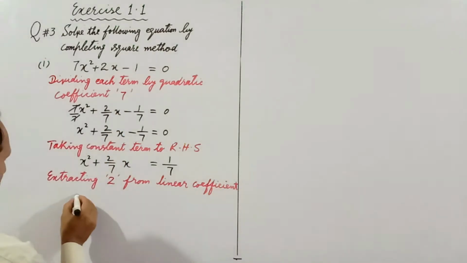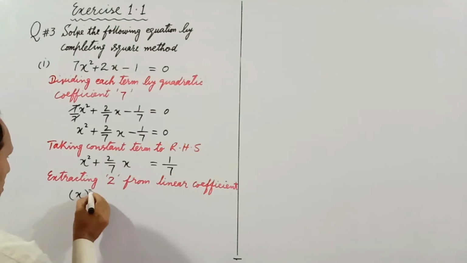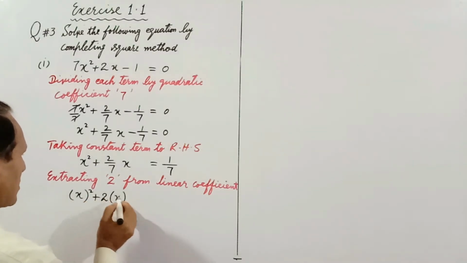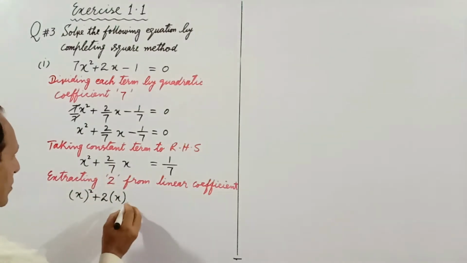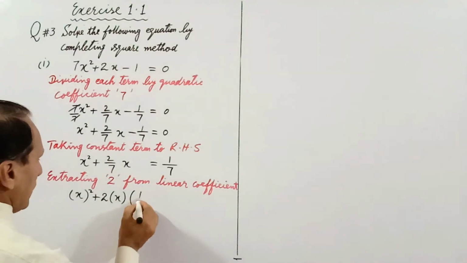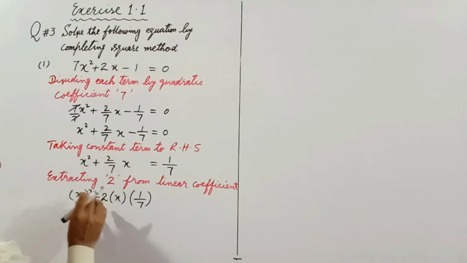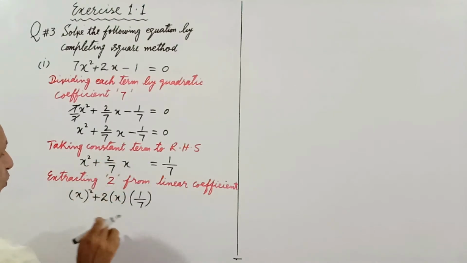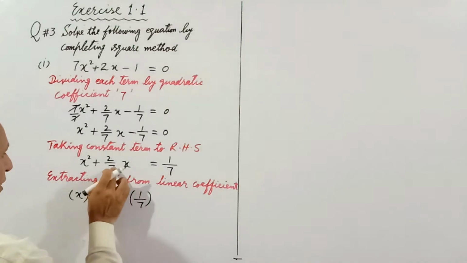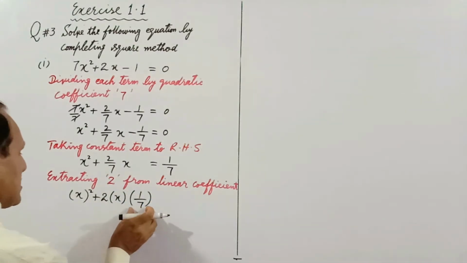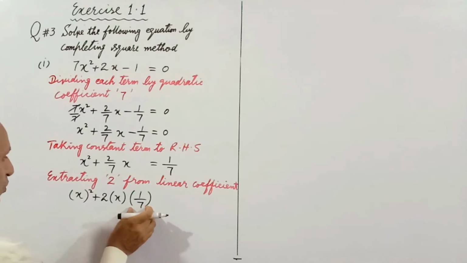We have x square plus 2 into x, and the leftover is 1 over 7. When we take 2 out of the numerator, we are left with 1 in the numerator, and in the denominator we have 7, so we have 1 over 7 as the second value for a perfect square.